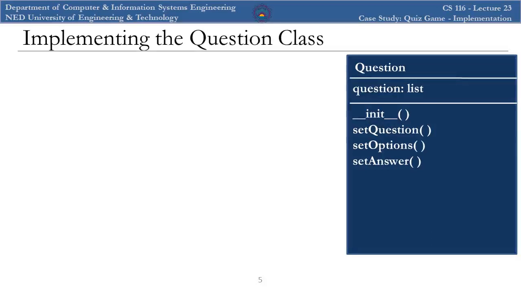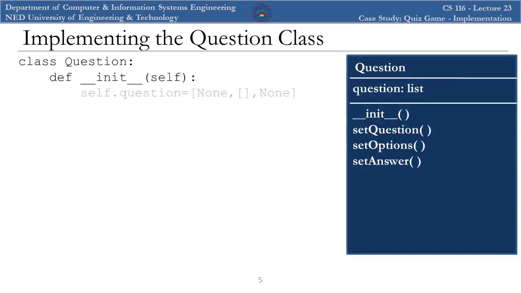So okay, and then the initializer, we had decided that the initializer method will initialize an empty list. So here's my class, and here's my initializer function or the constructor, and here's the initialization. Now there could be other ways to initialize the list too, like I have placed None at 2 places. You can leave those places blank as well, but the main point here is that the central element is another list.